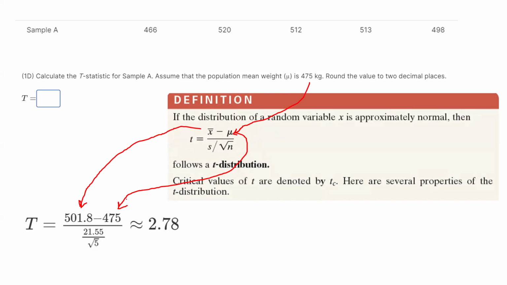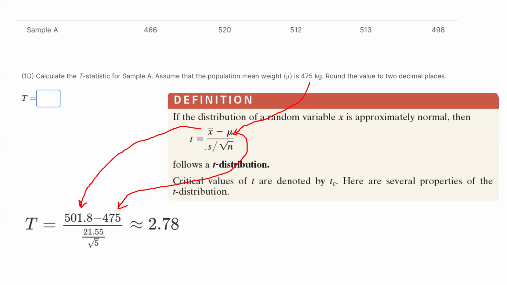You're going to enter that here. What is S? We just calculated S in the previous slide. It is 21.55 divided by square root of n. What is n? You have 1, 2, 3, 4, and 5 data in your collection. So once you do the calculation, it is about 2.78. This is how you calculate your T statistic.